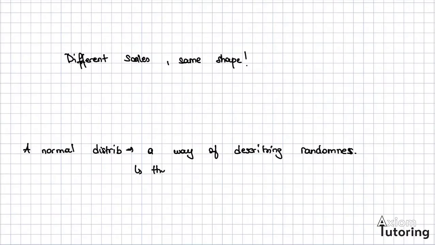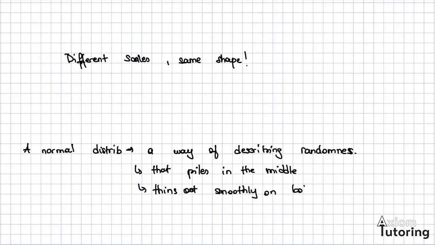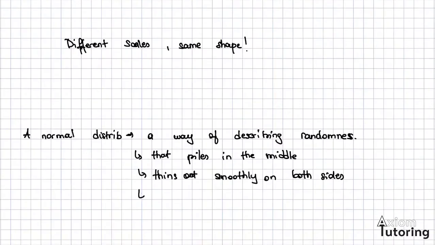Randomness that piles in the middle and thins out smoothly on both sides. Also is symmetric around its mean.